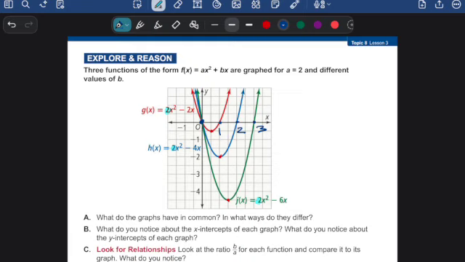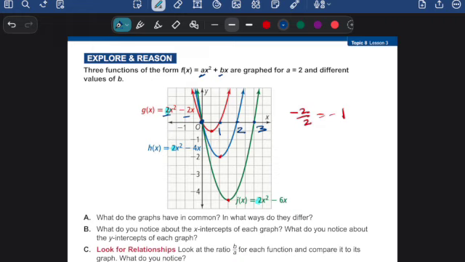And if we're looking at the ratio of b and a, which is this linear coefficient over the quadratic coefficient. Remember, when we write standard form, this is a, this is b. So if we take b over a, what's the ratio of each of those? Okay, so for g of x, b over a, negative 2 over 2 equals negative 1.